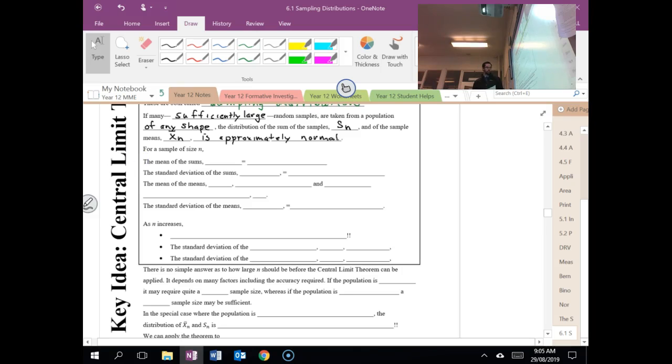So for a sample of size n, the mean of the sums, which you call mu of Sn, is actually equal to the sample size times mu of x. In other words, that's the mean of our original distribution.